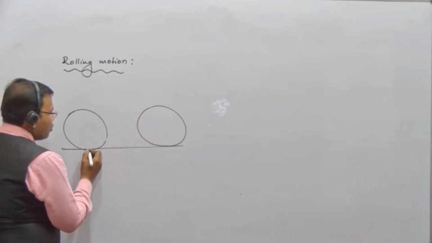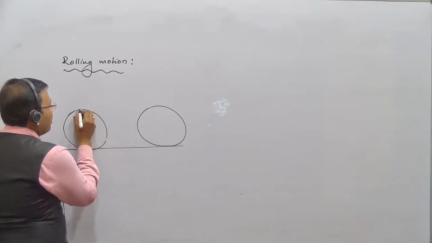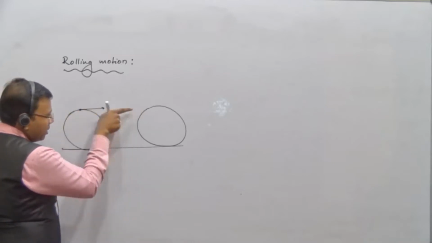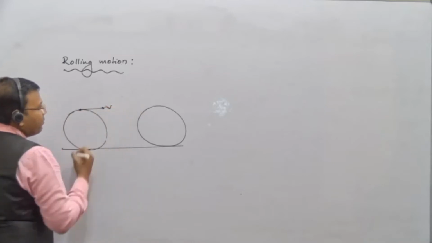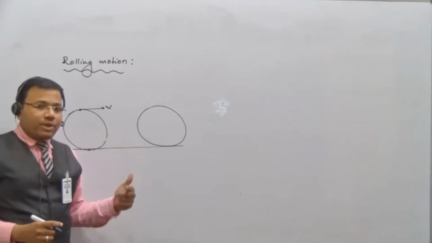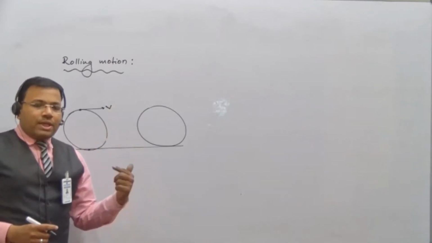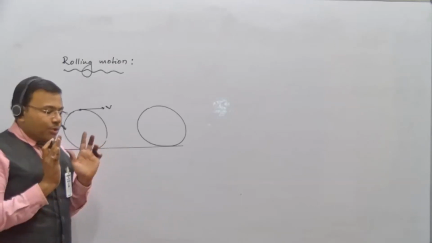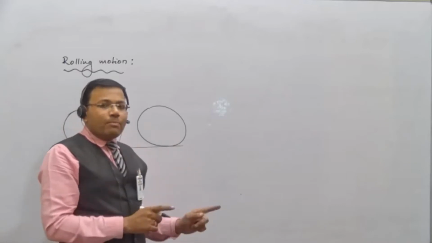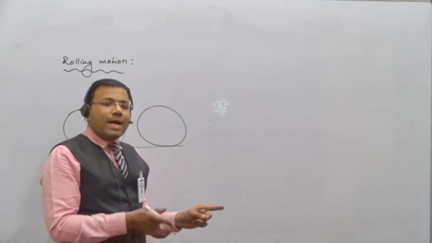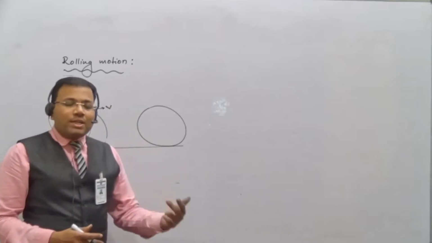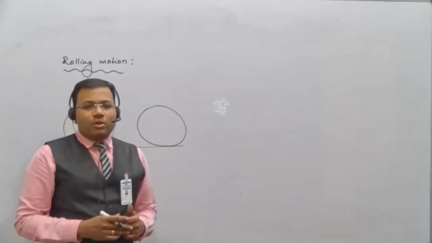Translatory motion means for this object, this point is moving in this direction with some velocity v, and this velocity v is nothing but the velocity of the center of mass. Because if you push any object, beta, every point moves with the same velocity, and that same velocity is equal to the velocity of the center of mass. That is the importance of translatory motion.